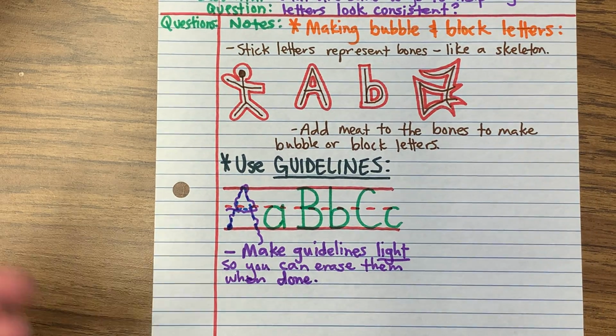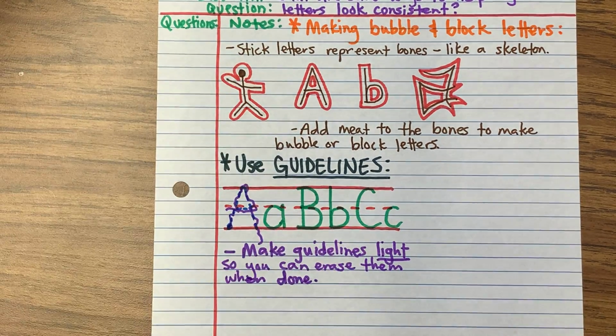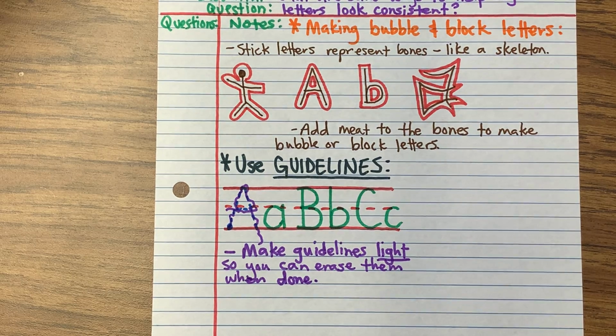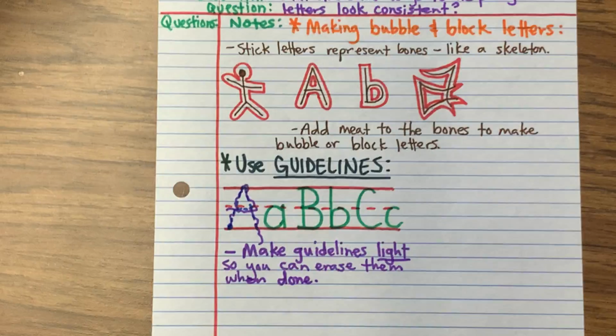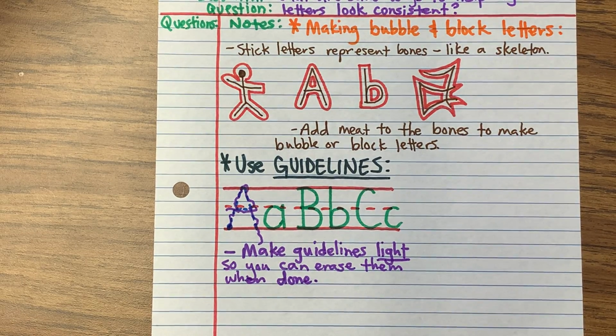Now, some examples of guidelines. The cool thing now is that there's computer programs that let you do all this digitally. But what I'm talking about is the old school art where we hand draw all our stuff. You could probably look at this and say, I could do that on the computer right now, real easy. And I bet you can.